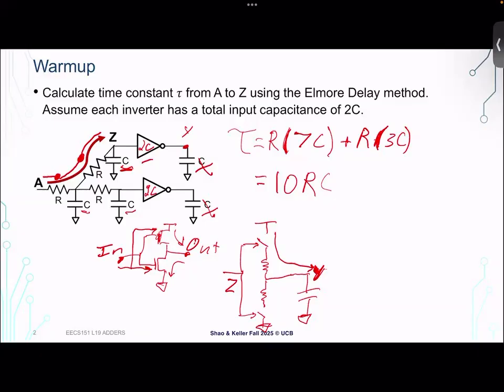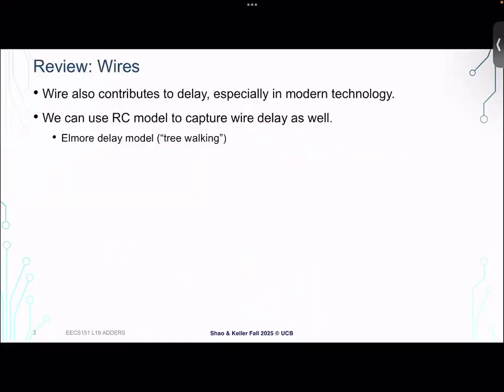That's mainly all that I wanted to say about wires today. So you'll recall from last lecture that wires contribute to delay, as we just saw. Especially in modern technology, wires are a big problem and a big contributor to delay. Digital designers often spend more sweat about wire delay than about gate delay because logic gates are still getting a little better with every process node, whereas wires are really not.